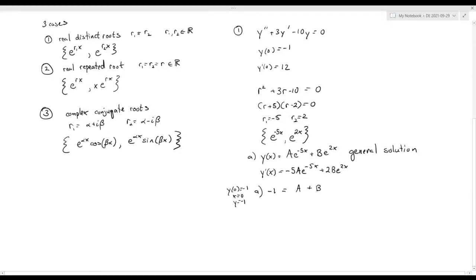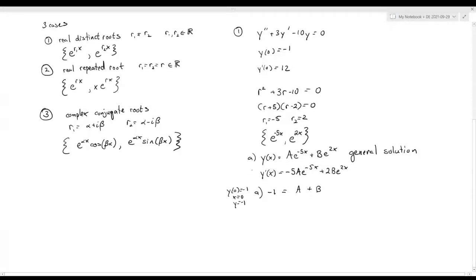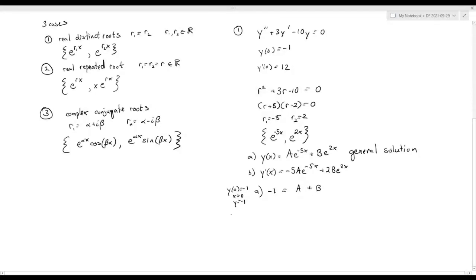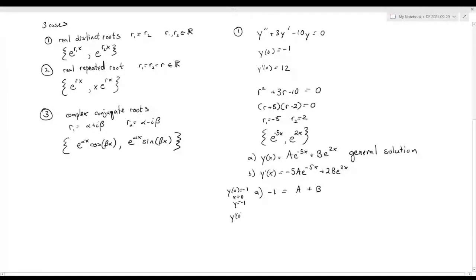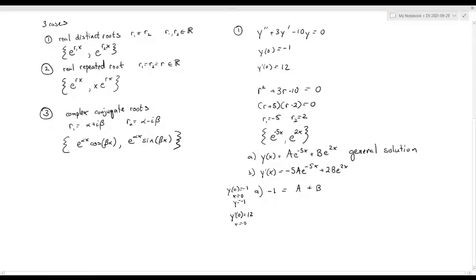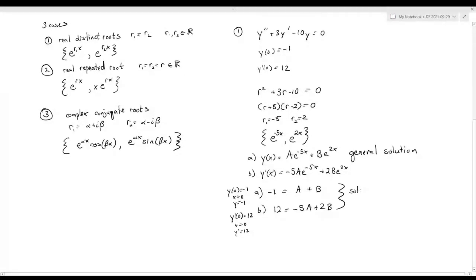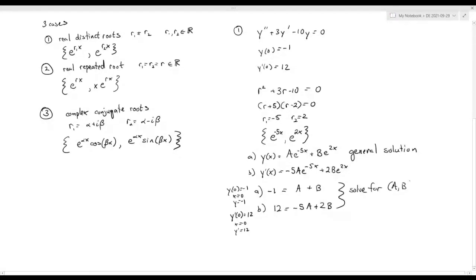Because of course, when x is 0, our exponential e to the 0 is 1. And then for B, we'll use the next condition. Okay, so when x is 0, y prime is 12. And then we solve the system for A and B.